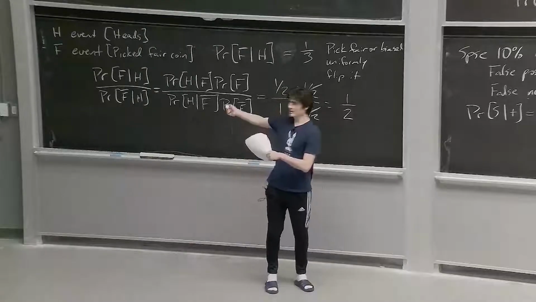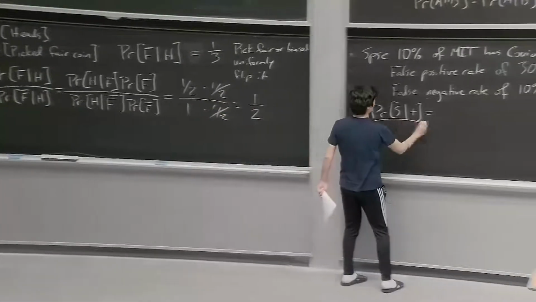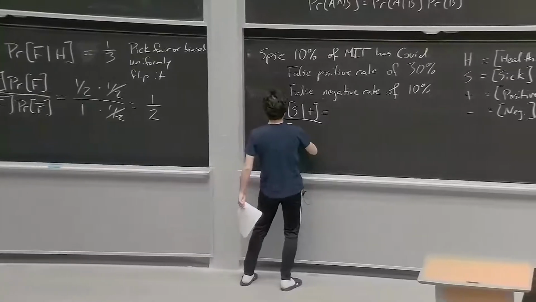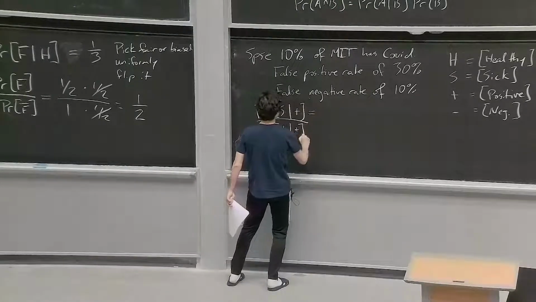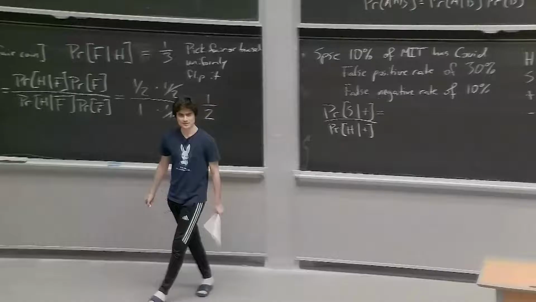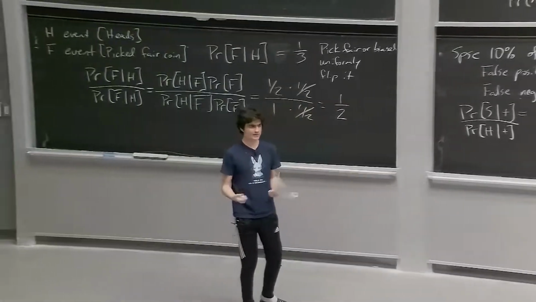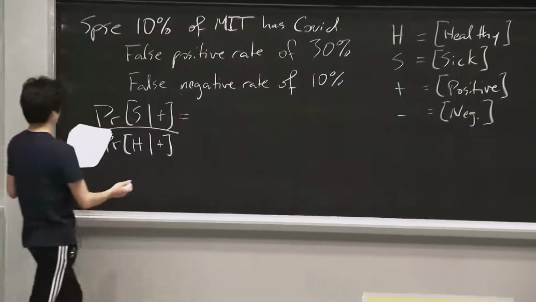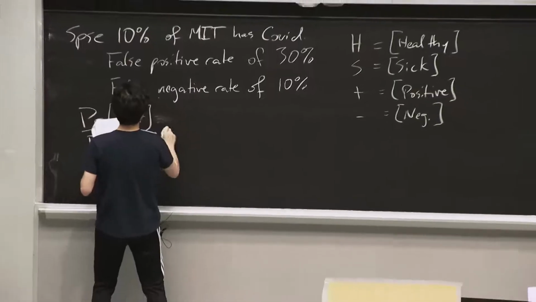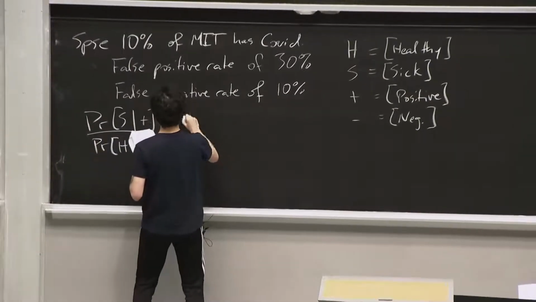Well, let's do the same thing we just did over here. Let's look at the ratio of this probability to its complement, and apply Bayes' rule.